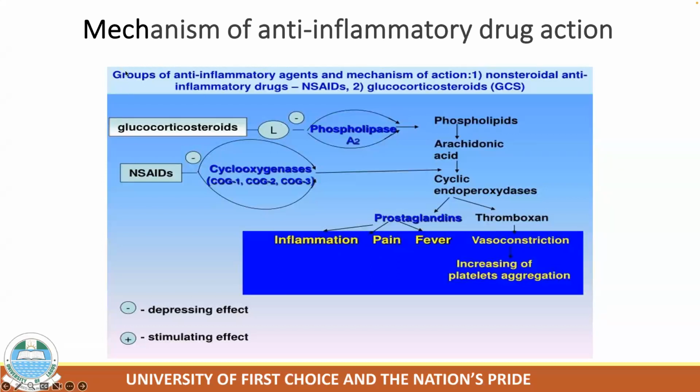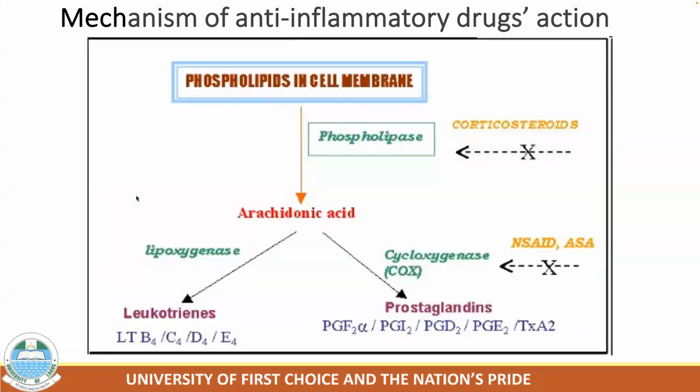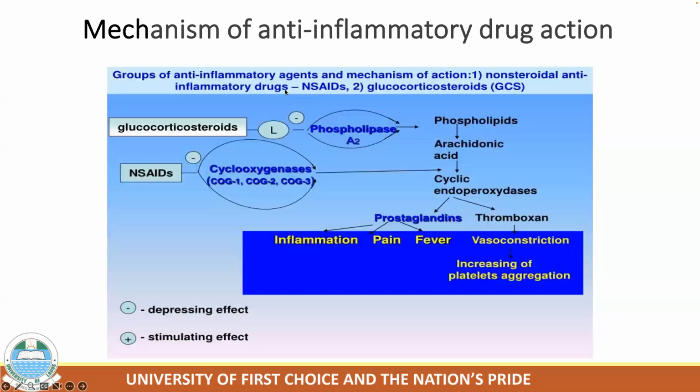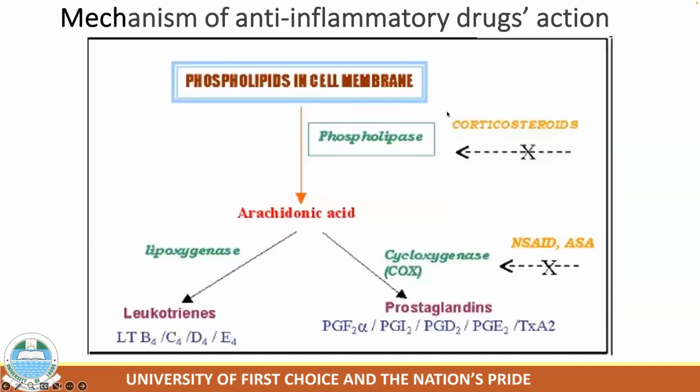So this is a simple story that helps us see why we use the drugs that we use and the combinations we use, okay? Very, very key. The mechanism of action, this just removes the initial part, showing the SAIDs, the glucocorticosteroids, right? The phospholipase. So this is the early action of the steroidal anti-inflammatory drugs.